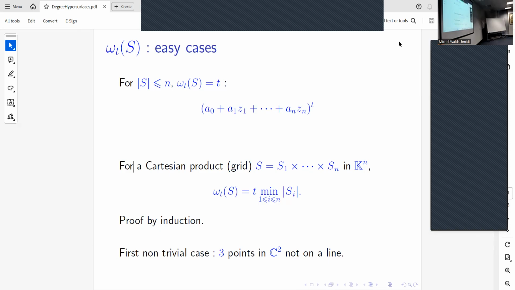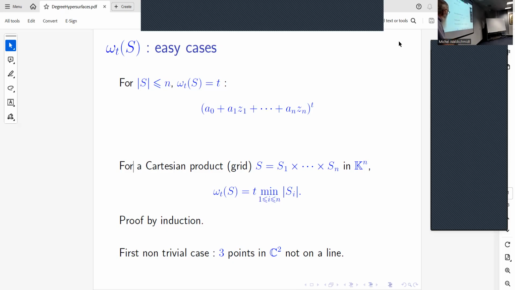I know it because I gave a proof Saturday in my course and my proof last month. So I got to it yesterday. This morning a student asked me some question and my proof is not yet complete. I have a full proof which uses an integral formula, which is not elementary, but there should be an elementary one, which I will try to write down. But it's true. Omega t of S is t times the minimum of the sizes.